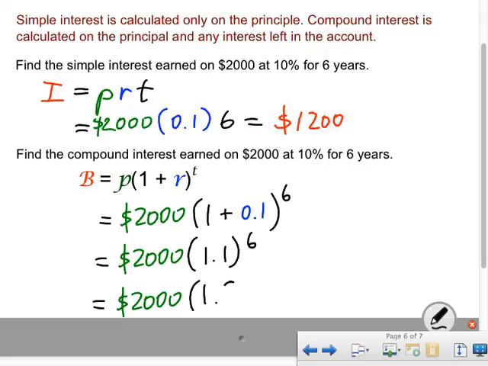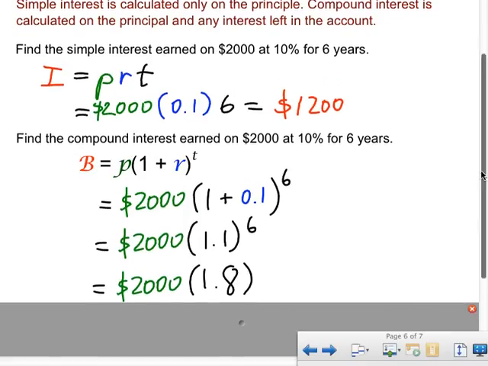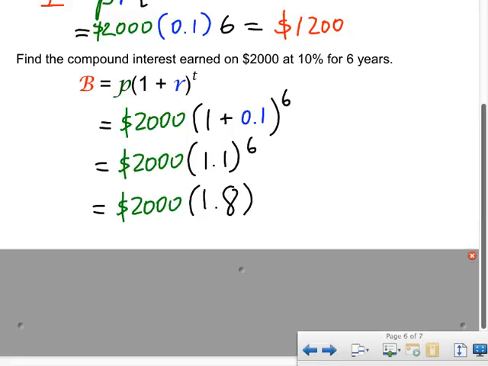And I will just go to the nearest tenths, okay? Nearest tenths. And so when I multiply that out, this is what I get back.